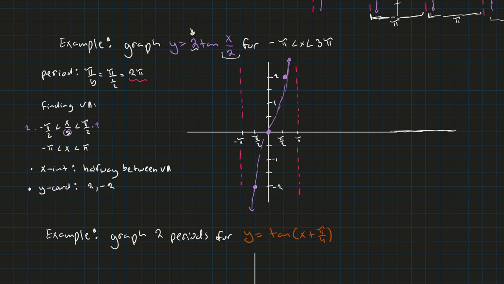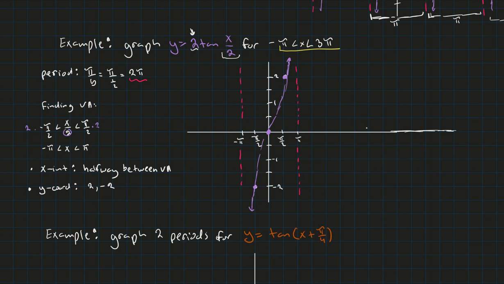But the only thing left to do over here is, it is asking us to graph this from -pi all the way to 3 pi. Well, then that means I need to graph one more period of 2 pi. In order to graph that, this is going to be 3 pi, right? So halfway between pi and 3 pi is going to be 2 pi.